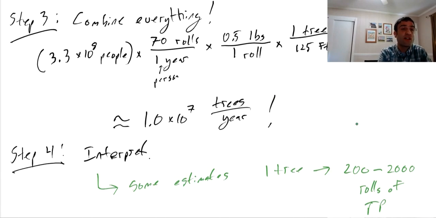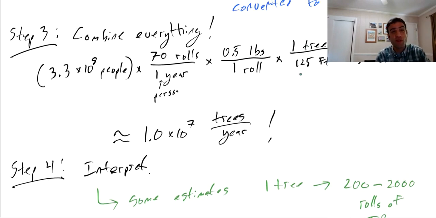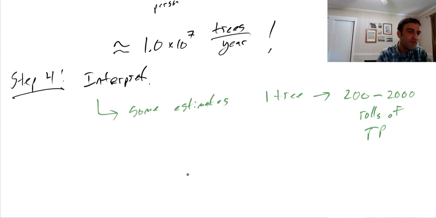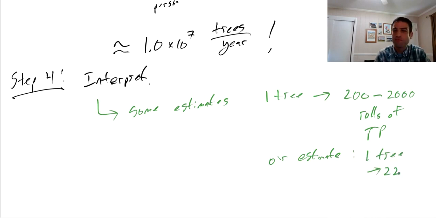And if you look at our estimate here, a tree is about 125 cubic feet, which is a certain number of pounds, which has a certain efficiency, and which you're aiming for a typical target weight. Our estimate is on the high end of this. Our estimate was one tree goes to about 2250 rolls. Okay, so we're on the high end of some estimates, but we're not unreasonably high.